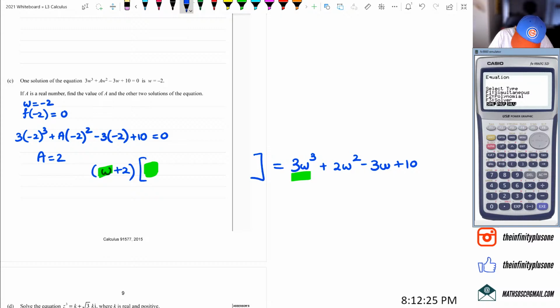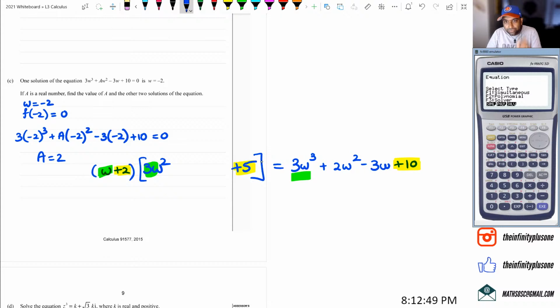Straight away we know it's 3w squared, because 3w squared times w is 3w cubed. Now looking at that last value, we've got positive 2 times something in that bracket, which is going to equal positive 10. In this case, it's going to be plus 5. So that's good to go.